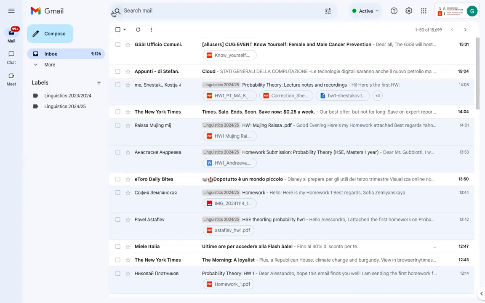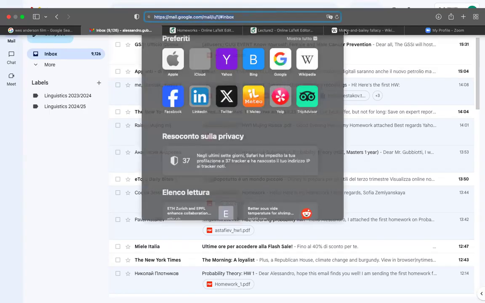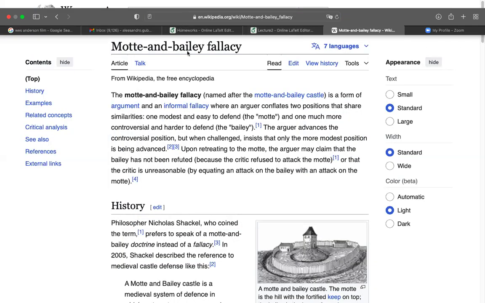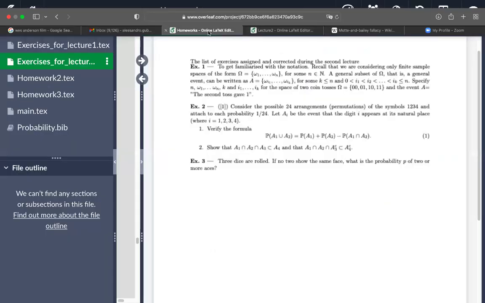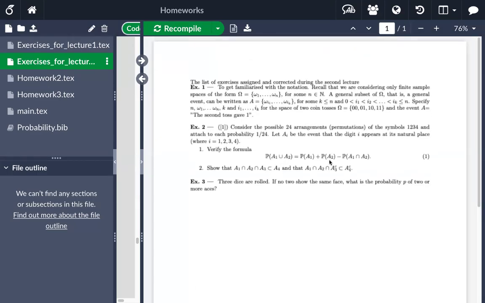So we should define A1 as all the omegas that satisfy the first condition, and we know that among those there will also be those omegas that satisfy the event A2, as it can be that 1 and 2 are in their places, while 3 and 4 are somehow arranged differently.